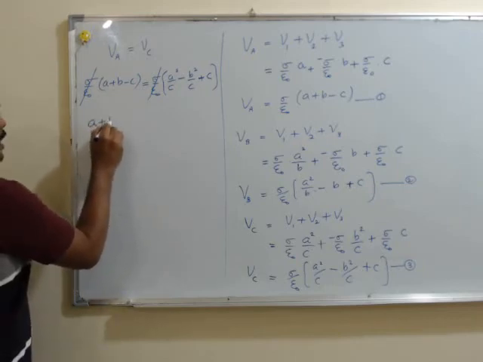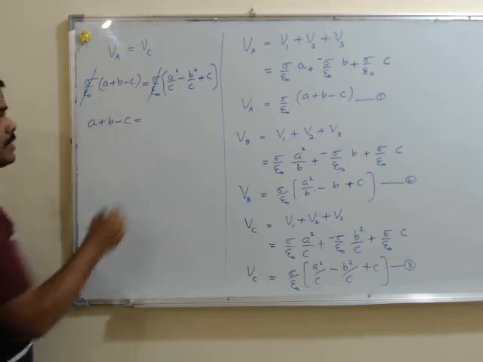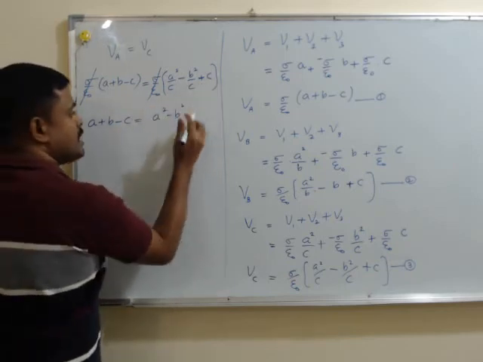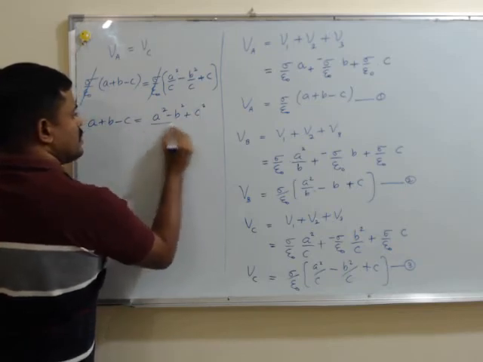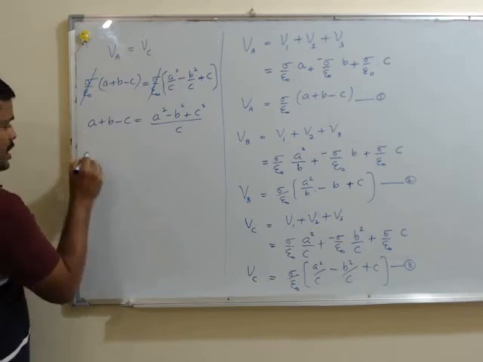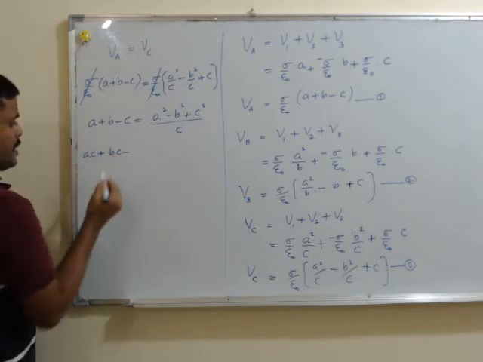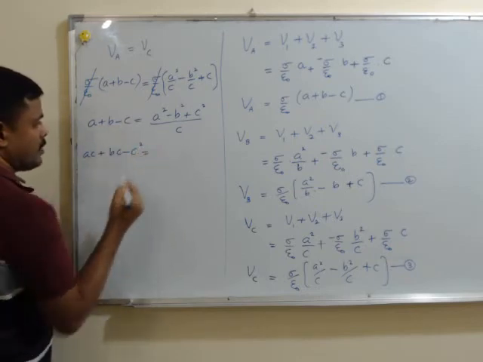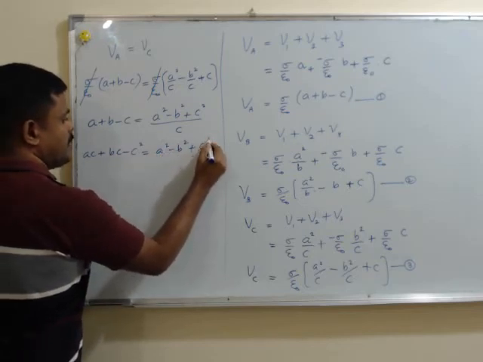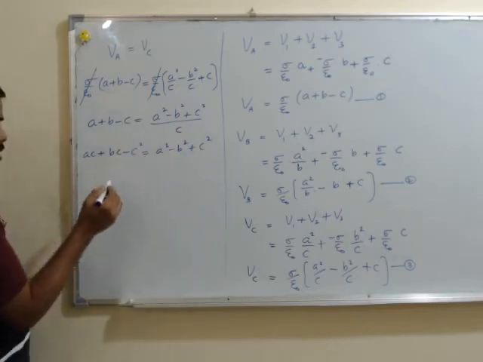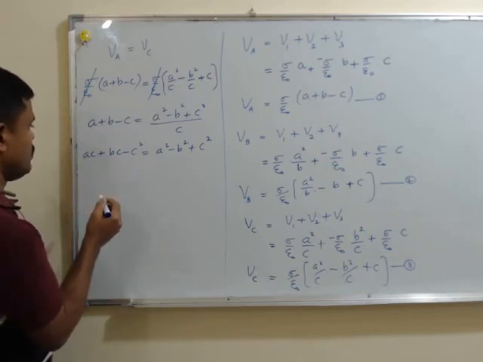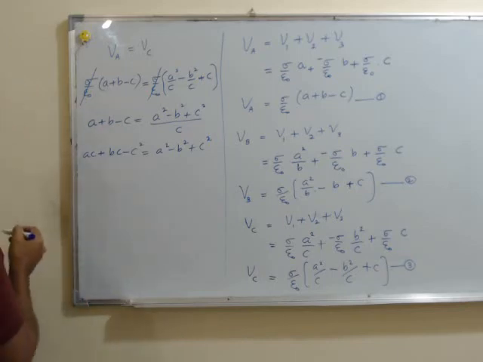I'll have A plus B minus C is equal to, if I take LCM here, A square minus B square plus C square, divided by C. I'm cross multiplying. I get AC plus BC minus C square is equal to, the right side is A square minus B square plus C square. I have identical terms on either side.